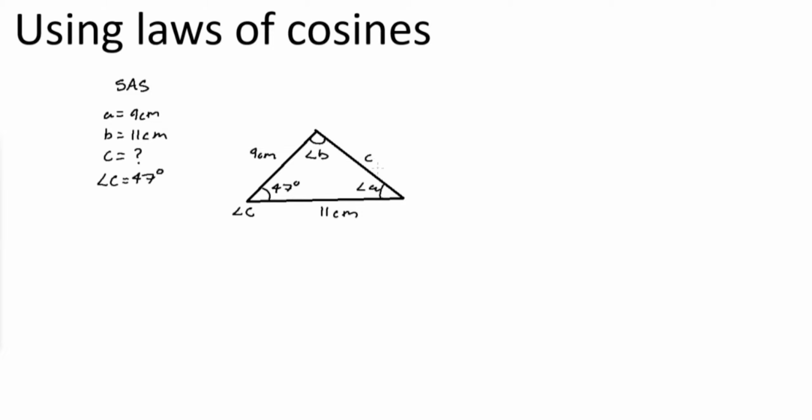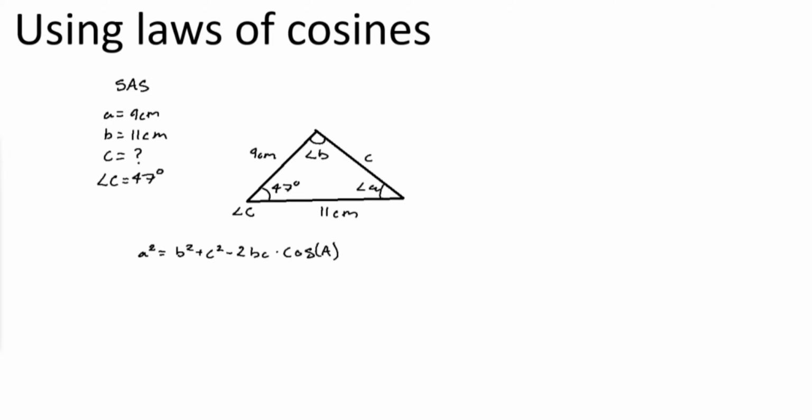If you remember the equations to find sides using the law of cosines, and I hope you jotted it down in a notebook, it was something like this: a squared is equal to b squared plus c squared minus 2bc times cosine A, and so on and so forth.